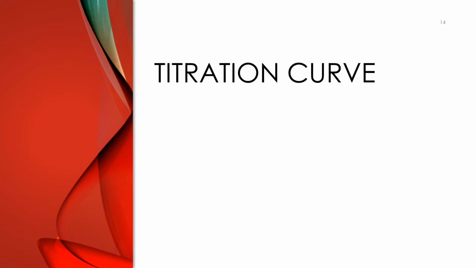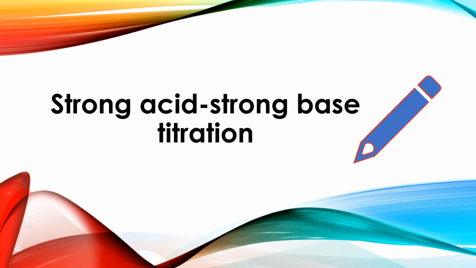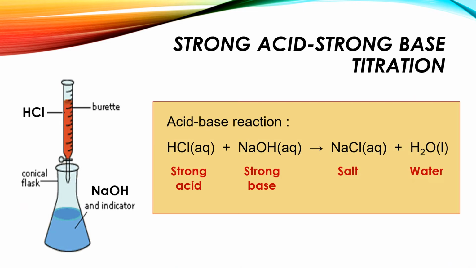Now, let's discuss the titration curve. A titration curve is the plot of the pH of the analyte solution versus the volume of the titrant added as the titration progresses. Let's discuss strong acid, strong base titrations. Let's have an example of a titration of hydrochloric acid with sodium hydroxide.